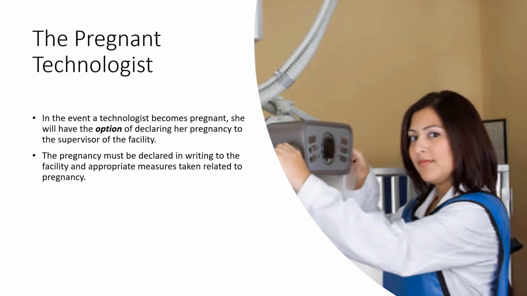Medical legally, the pregnant technologist becomes pregnant when she declares she is pregnant. She will have the option of declaring her pregnancy to the supervisor of the facility. The pregnancy must be declared in writing to the facility and appropriate measures taken related to the pregnancy once it is declared.